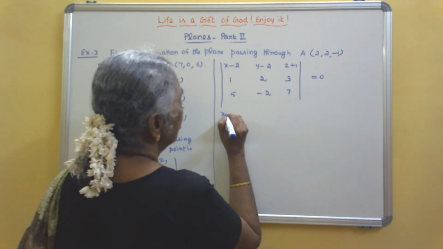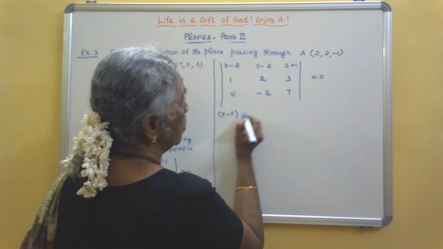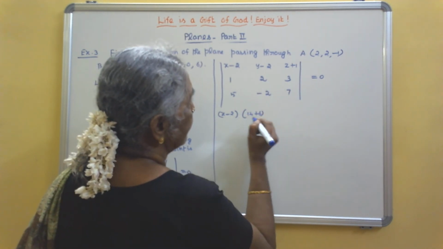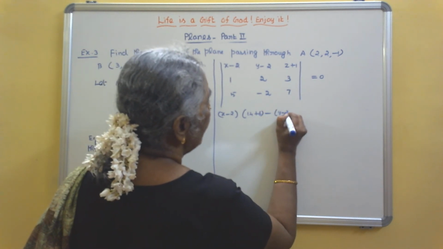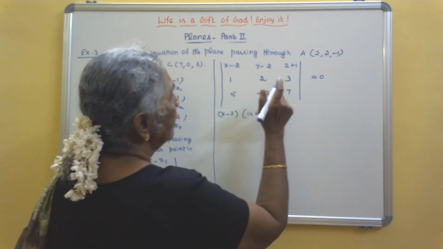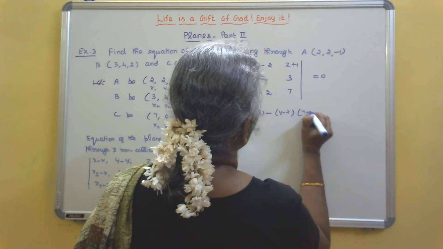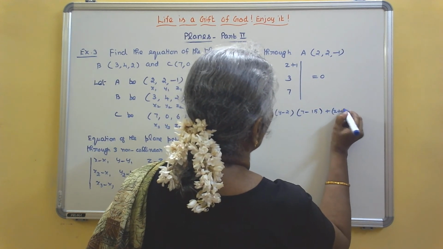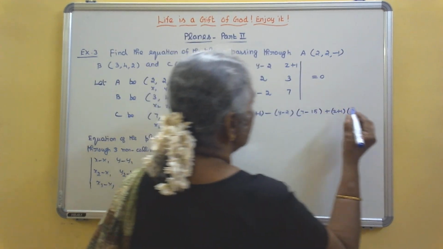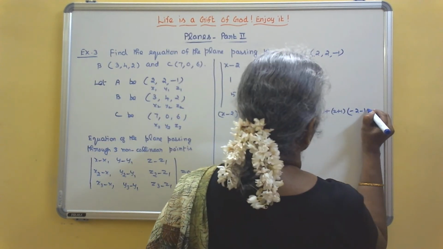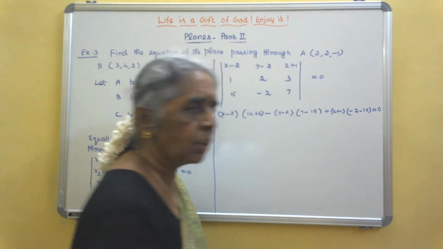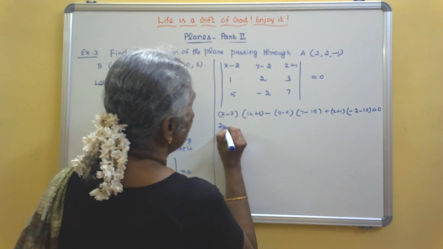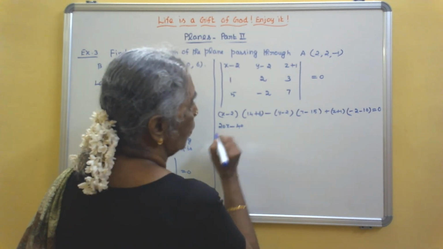So I will get, put a bracket here, x minus 2 into, okay. Then you will get 14 plus 6, minus y minus 2 into, leave that, you will get 7 minus 15, plus z plus 1 into minus 2, then minus 10, that is equal to 0, right? So here this is 20, you will get 20x minus 40.